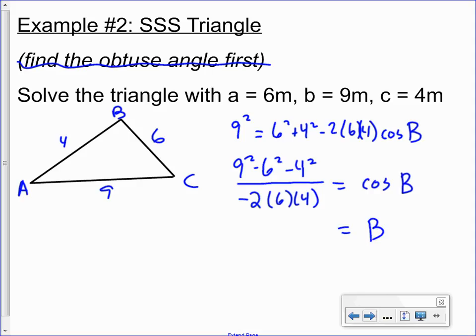So B would just be the inverse cosine of all of that. Because to get the cosine by itself, you move the 6, you move the 4, subtraction, but you have to divide this, right?